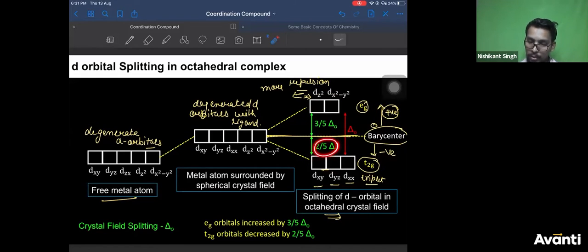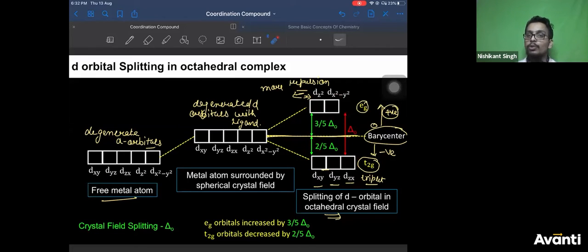Now what are these values? From here to here, the total is delta O, and there are 5 orbitals, 3 plus 2. So this difference is given by 2 by 5, and for the 3 orbitals this value is 3 by 5.